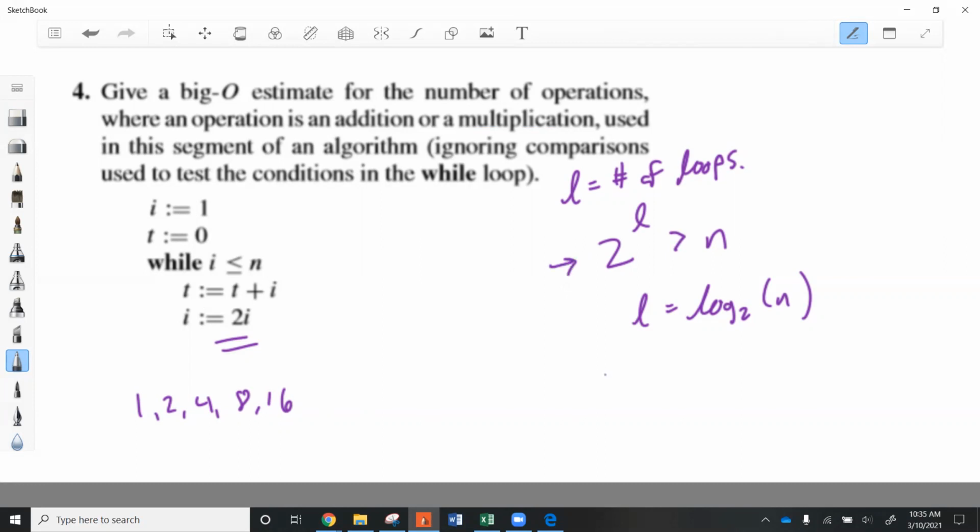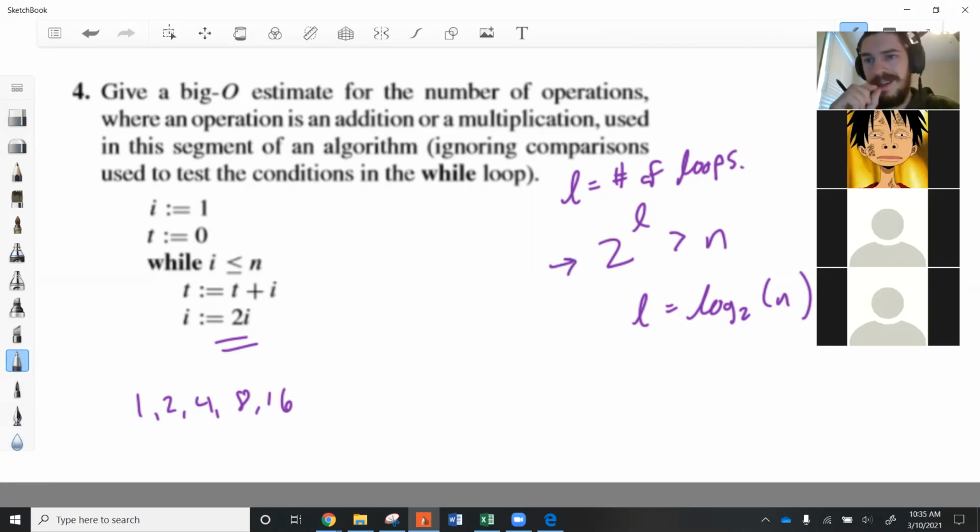This is what will cause the while loop to end. What we want to find is the first time through the loop that 2 to the L exceeds n, and that is when it stops. So we're looking for the smallest L that makes 2 to the L bigger than n.